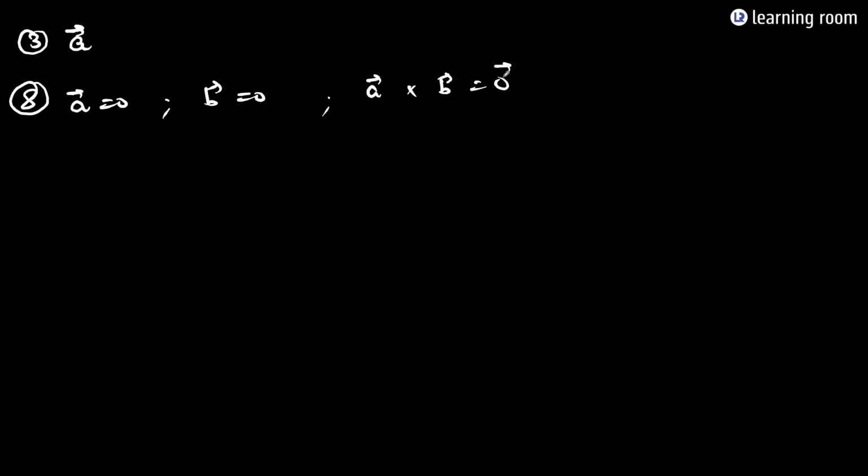So did you make notes of the lecture I shared today? Did you make a note or you just went through it? Just went through it, no? In that, there is a second observation that I discussed. The second observation says if A vector cross B vector is a null vector, then they are parallel vectors.